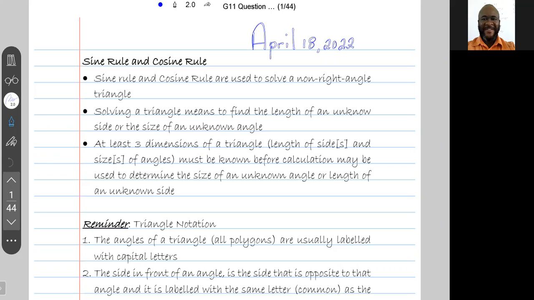At least 3 dimensions of a triangle, length of sides or size of an angle, must be known before a calculation may be used to determine the size of an unknown angle or the length of an unknown side. In other words, in order for you to use the trig ratios, the sine rule and the cosine rule, you must first know 3 things about the triangle before you can find out something new.